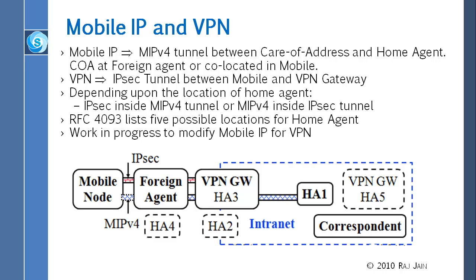So if you have a VPN gateway, generally the way we do VPN is that, for example, I don't know how many of you have used VPN from your home to WashU, but WashU has a VPN, right? When you are at home, you can still print on your WashU printer. How do you do that?